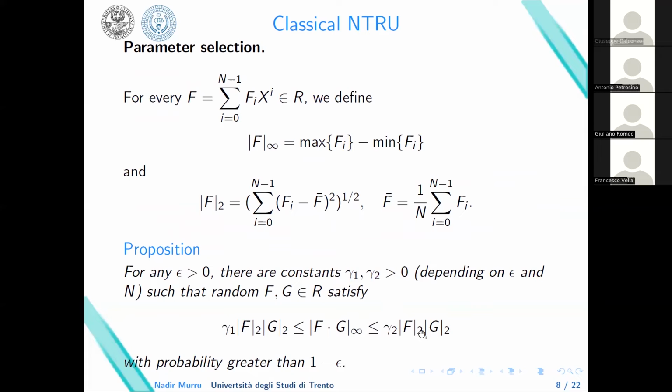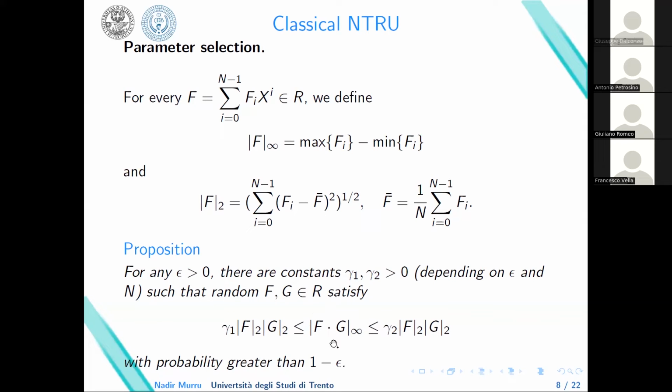Okay, so we have seen the NTRU scheme. Now let's see some details about the parameters. Here we introduce a norm for the polynomials in R. These norms are important in this proposition that we just see the statement.